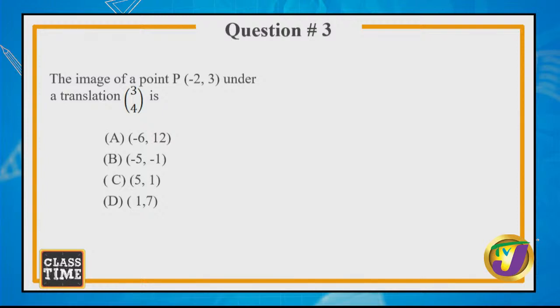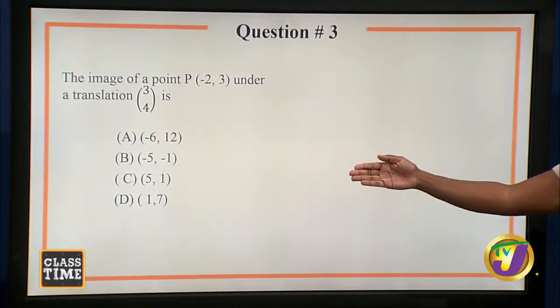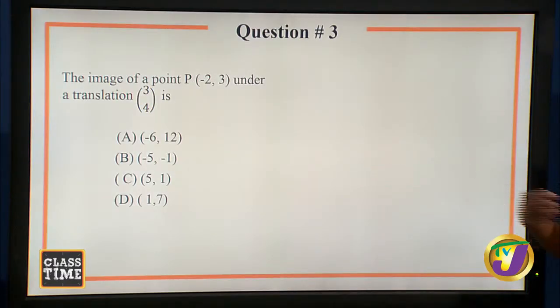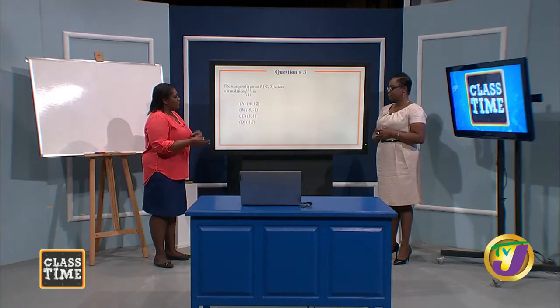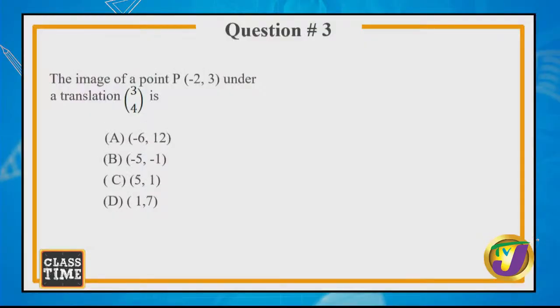I see the coordinates for point P, and I see the vector under which the translation has taken place. I am to use that information to identify what the new coordinates would be under that translation. We are to find the image given the object.